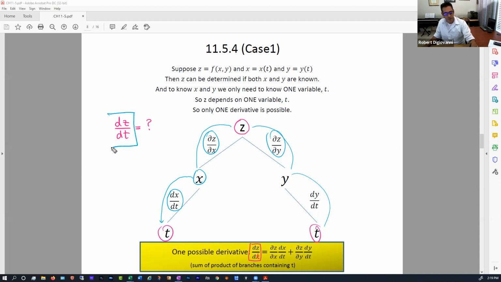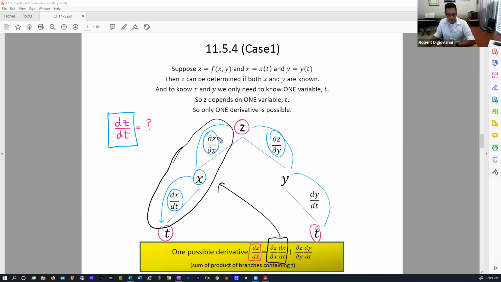Now you have to pay attention to this. The derivative we're looking for, dz/dt, is going to be this branch of the tree multiplied together. That's this piece right here. Okay, so it's ∂z/∂x times dx/dt.